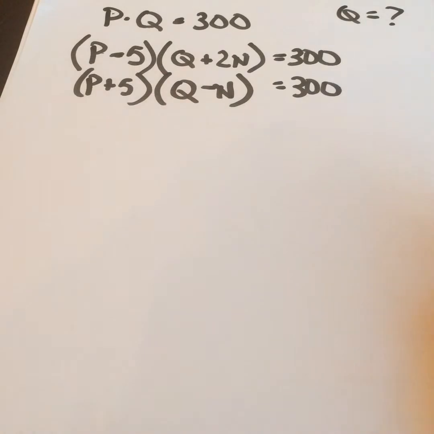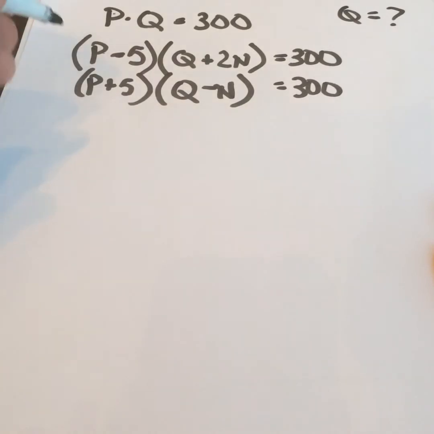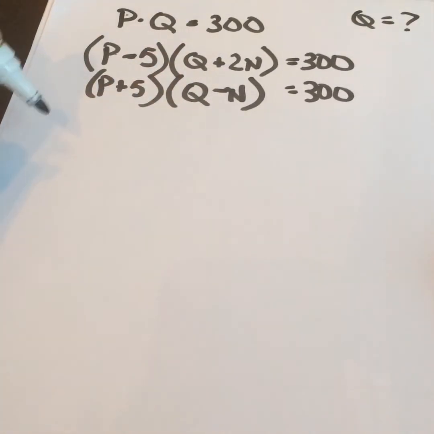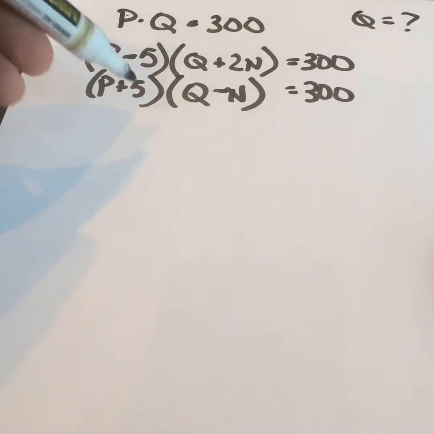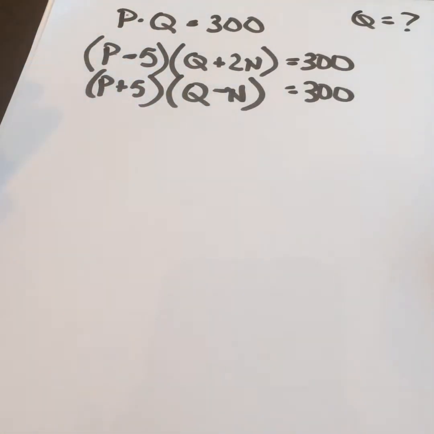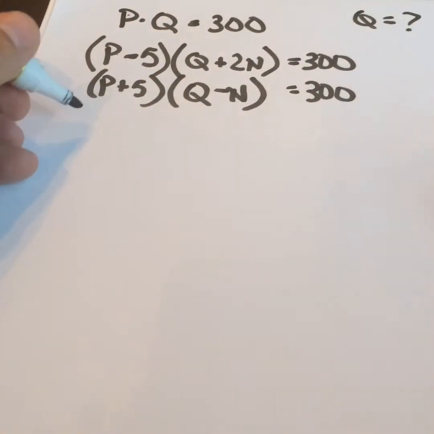So now that we have that, we're going to try to manipulate these equations and see what we come up with. The first thing I'm going to do is multiply these two binomials together, and recognizing that the left side is going to be PQ, and I know that PQ equals 300, so that probably will help me. So let's just start multiplying that out.